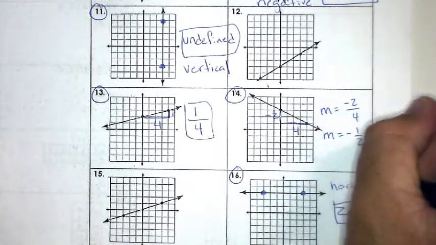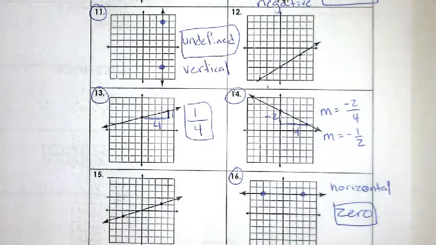Okay, so we found our perfect right triangle. We went down on the rise, -2, and we ran 4. So I have -2 over 4, and then that fraction can reduce to -1/2. Sweet. Questions, comments, concerns?